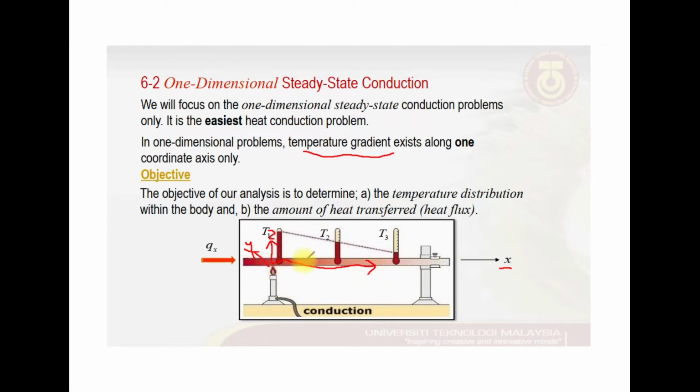We just consider how much heat will transfer from one point to another along one axis only, which is the x direction. Our objective here is to analyze the temperature distribution within the body, and also how much heat transfer, or heat flux, occurs within these bodies.